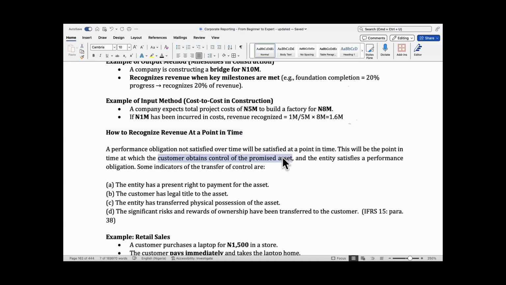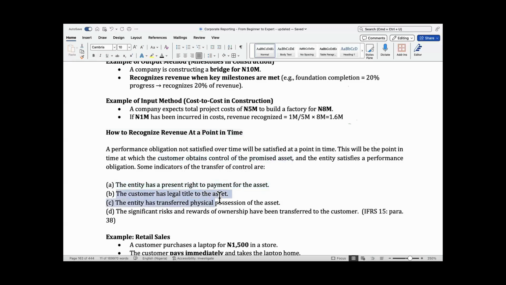As soon as the customer obtains control, recognize the entire money as revenue immediately. And some indicators of transfer of control are if the entity has a present right to payment for the assets, meaning all you're expecting is just the payment.